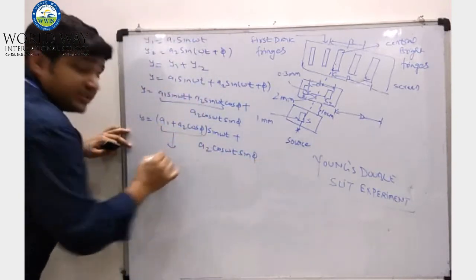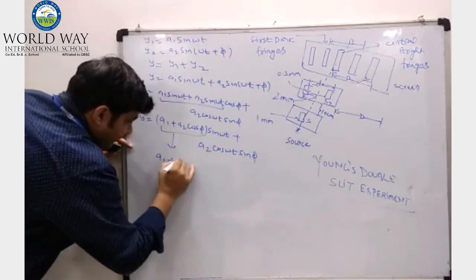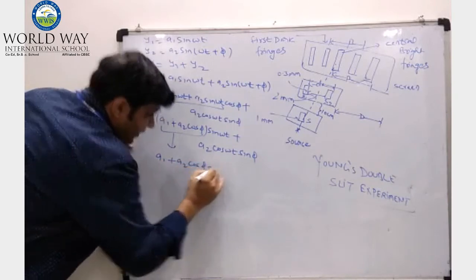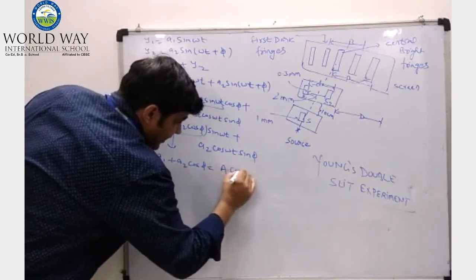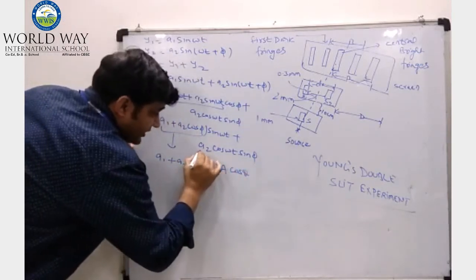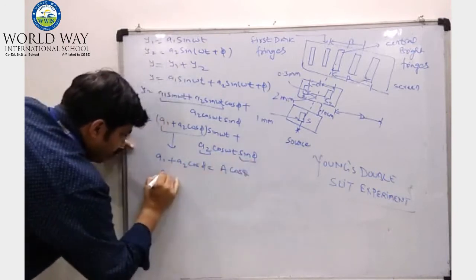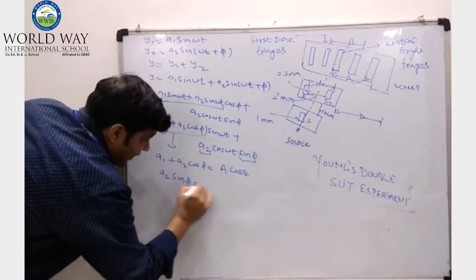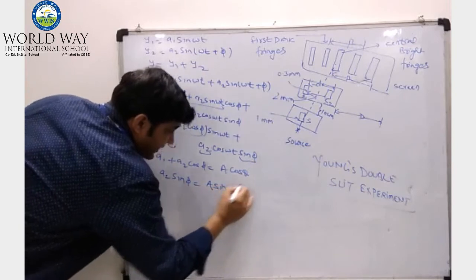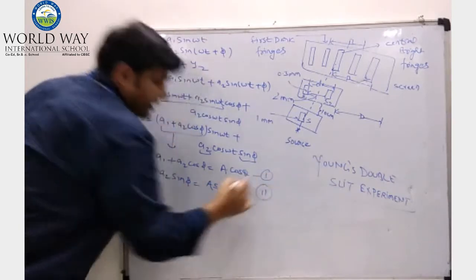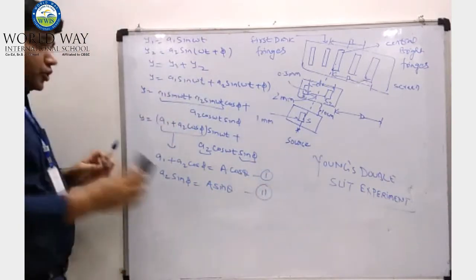In this, (a1 plus a2 cos phi) we consider as A cos theta, and a2 sin phi we consider as A sin theta. This is equation number 1, and this is equation number 2.